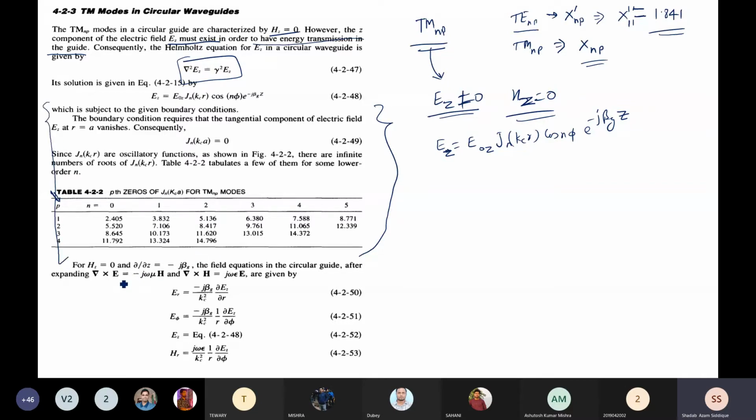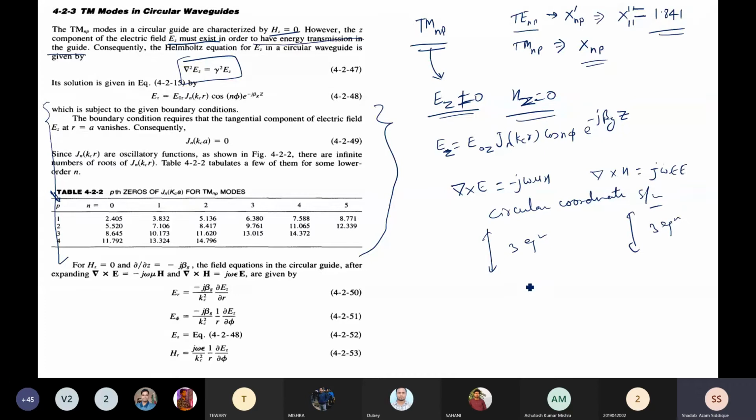Now we know the curl equations. We proceed with the curl equation: curl E is equal to minus j omega mu H in the frequency domain, and curl H is equal to j omega epsilon E. We can proceed with these curl equations in the circular coordinate system, and we will find 6 equations, 3 from this one and 3 from this one.